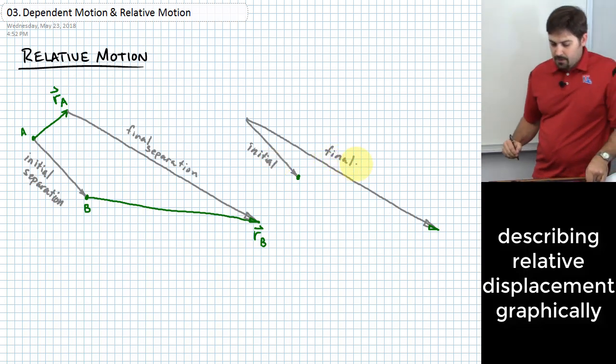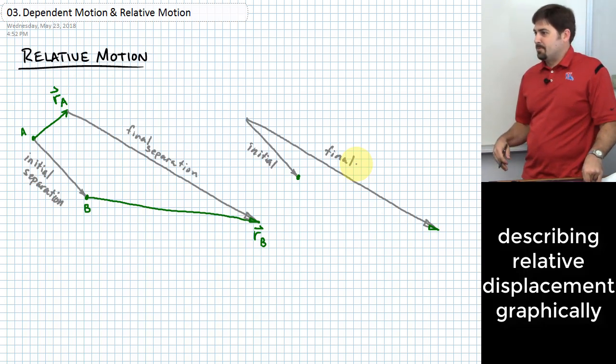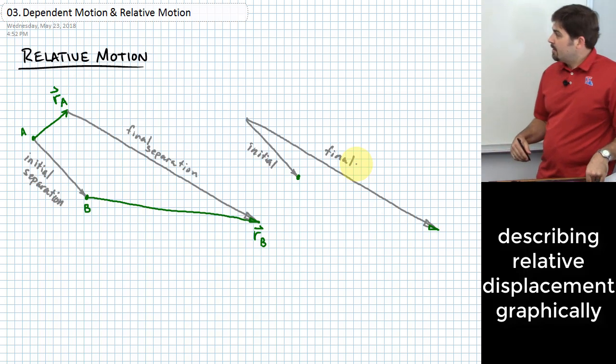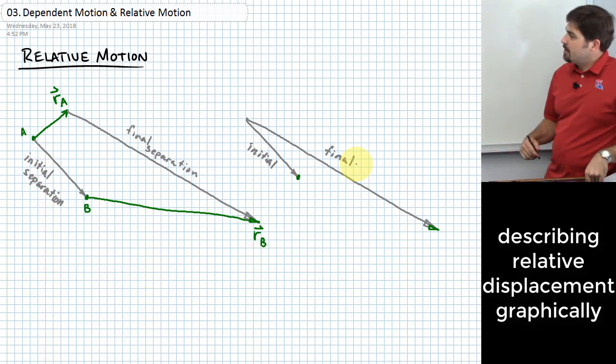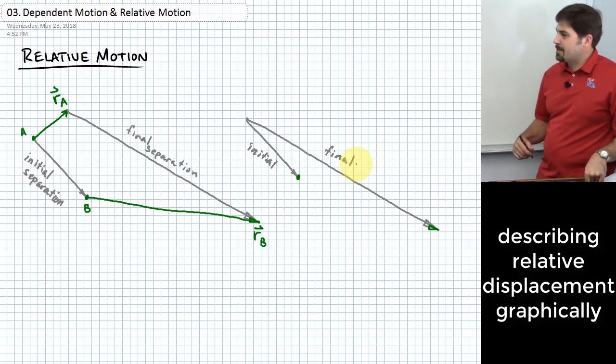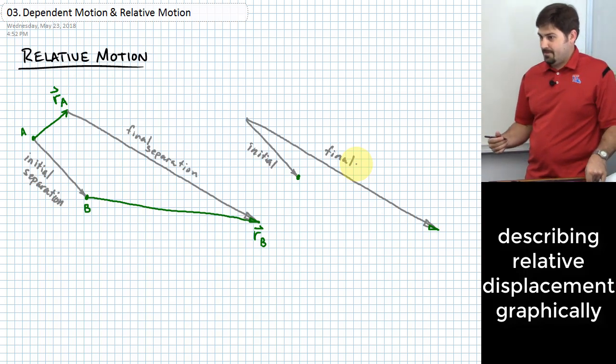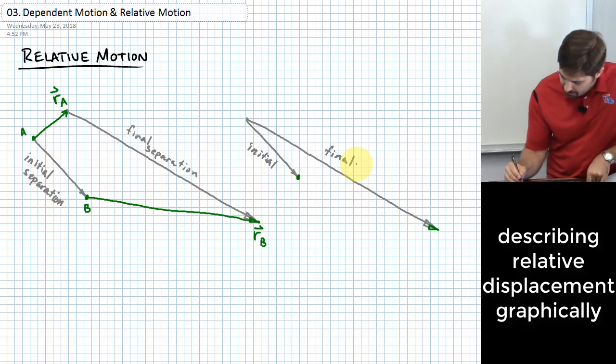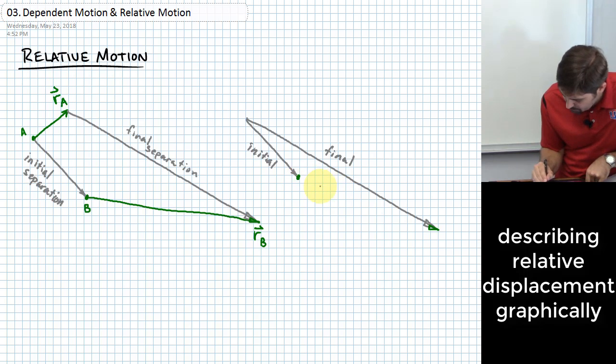Okay. So what's the difference between the two? Right? If you think about the difference between the two, you have the initial plus something is going to equal the final, right? So there's another vector that I could put in here that is sort of this other thing.